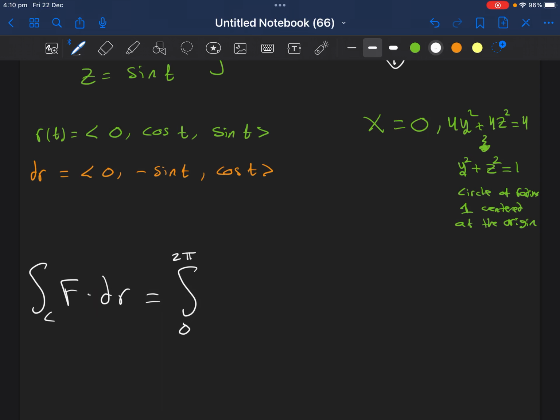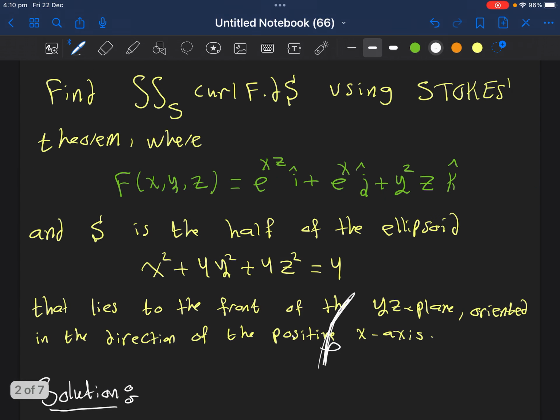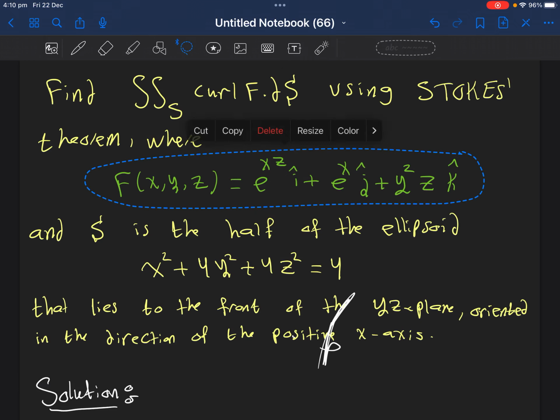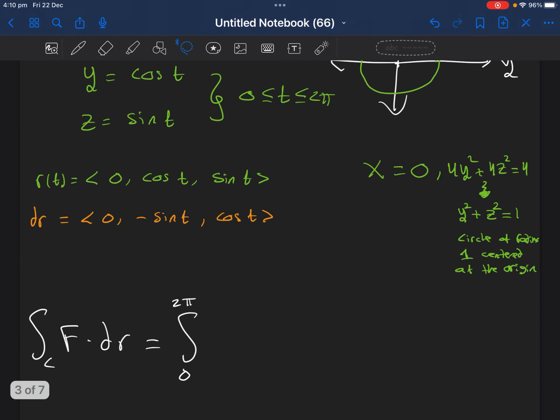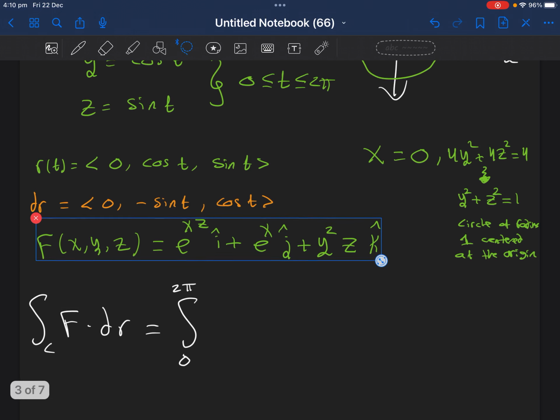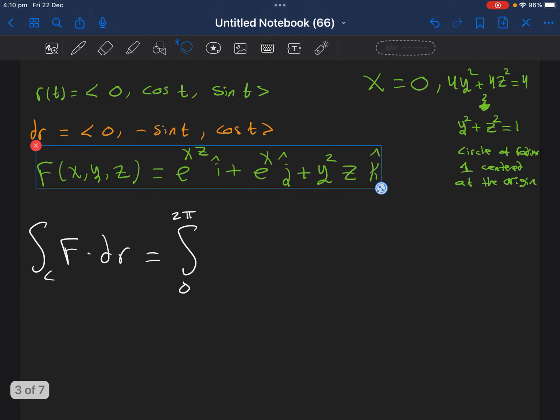Now we have to find what F is. Let me remind you what F is. If we copy it and paste F here, we can see exactly what we need.